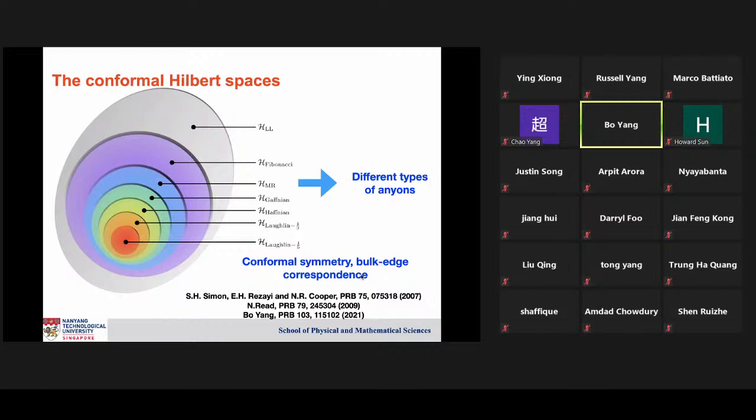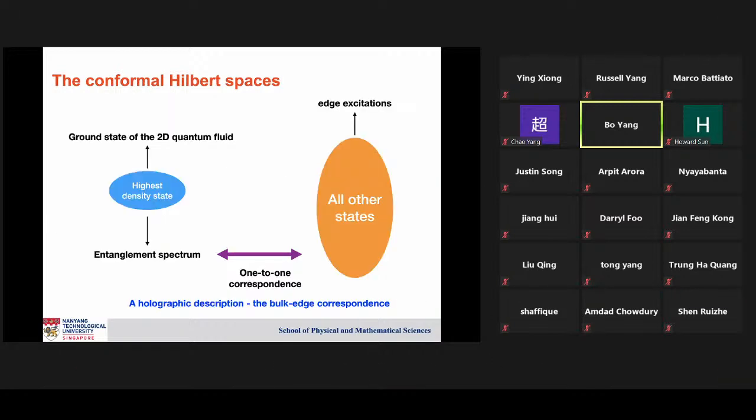There are many different ways of understanding a conformal Hilbert space. The simplest way is to know that in a conformal Hilbert space, there's one highest density state. This state corresponds to the ground state of the fractional quantum Hall effect, describing a 2D quantum fluid, and all other states in this conformal Hilbert space are actually the excitations at the boundary of this 2D quantum fluid.